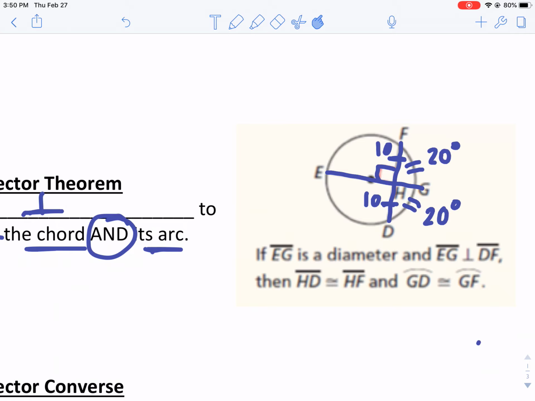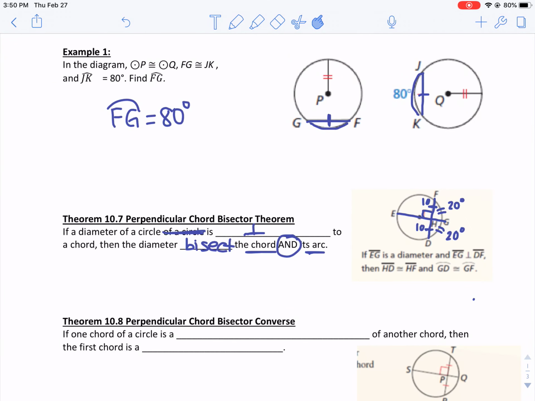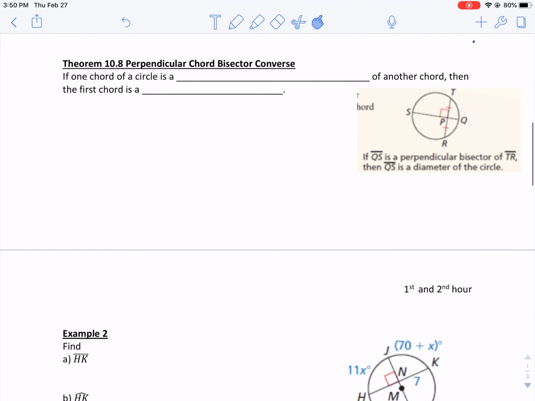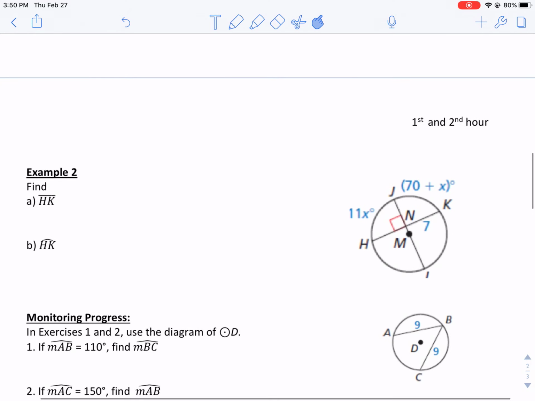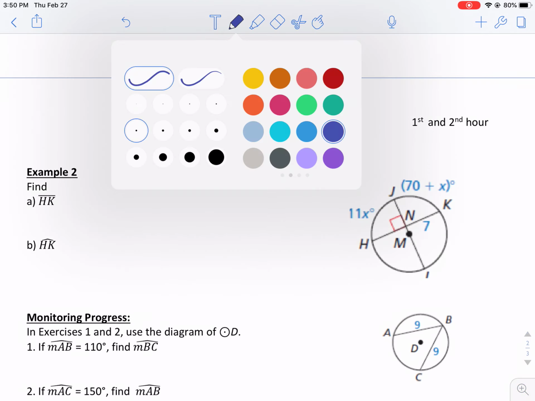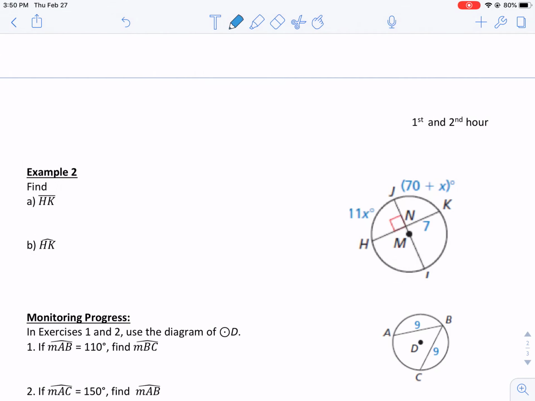Okay? So we're going to skip over this theorem real quick, and come down to example 2. Example 2 says, I want to find HK to begin with. So we have J, and it's cut off right now, it's an L. So JL goes through the center of the circle, so it has to be a diameter.